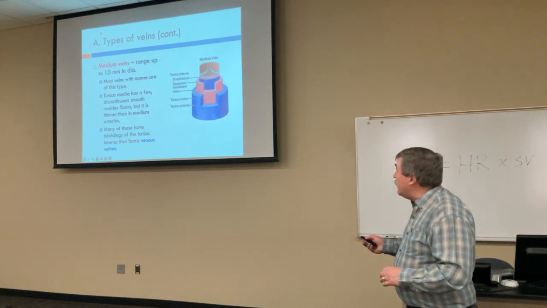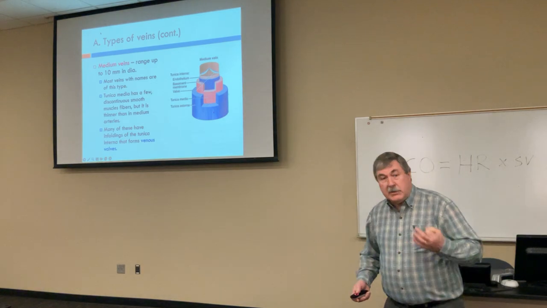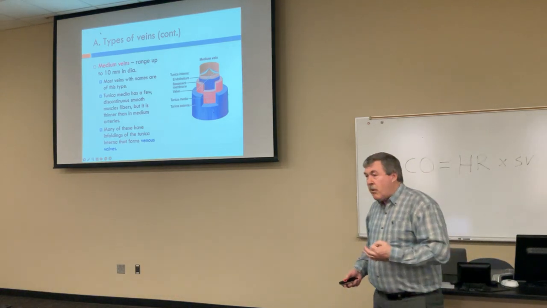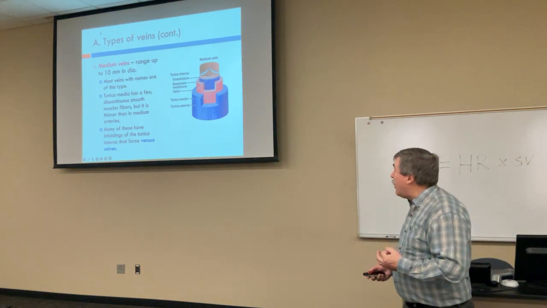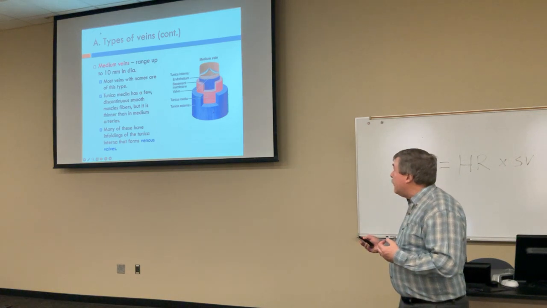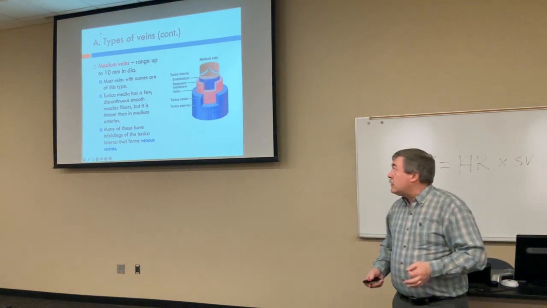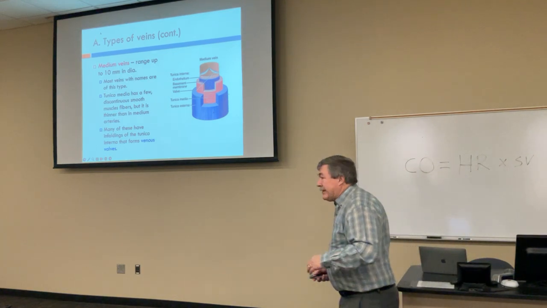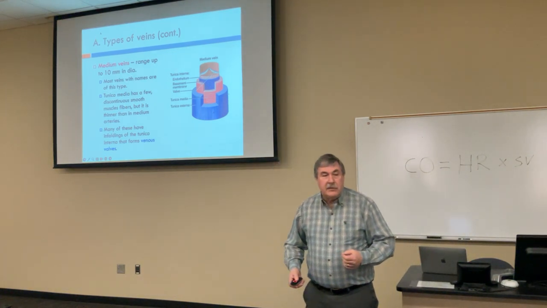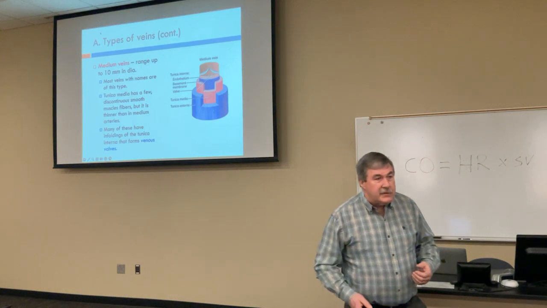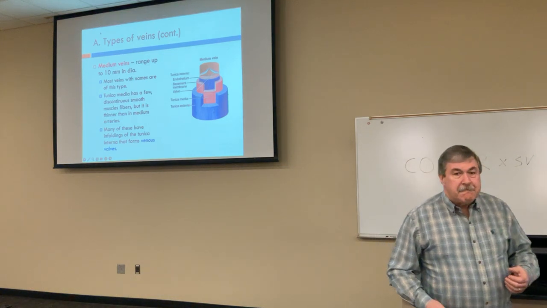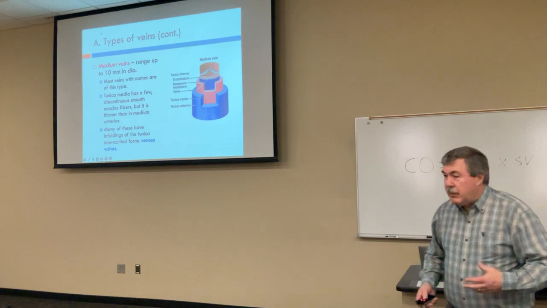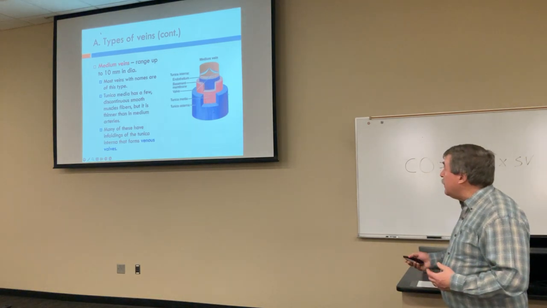And then the next one are the medium veins. They're up to about 10 times larger than the smaller ones. Most of the named veins are medium veins, like the renal veins, the iliac veins. Anyway, most of the named veins are medium veins.